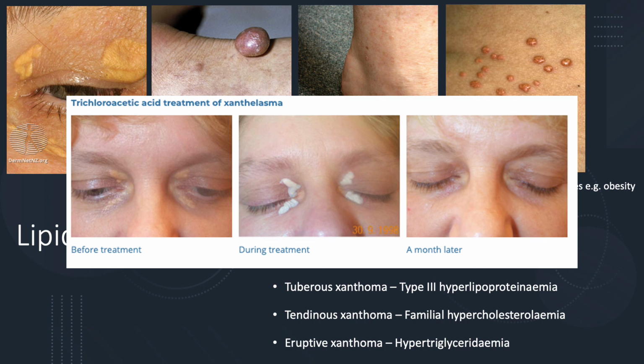And this is an image showing the transition from prior to treatment with trichloroacetic acid, to during treatment, and then a month later post-treatment. And this one is of a planar xanthoma, or just a xanthelasma.